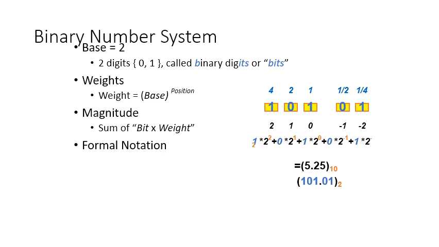So you write 1 multiplied by 2 raised to power 0, plus 0 into 2 raised to power 1, plus 1 into 2 raised to power 2, which is equal to 4 in this case. On the fractional side you write 0 into 2 raised to power minus 1, plus 1 into 2 raised to power minus 2, which is equal to 1 by 4. 2 raised to power minus 1 is 1 by 2. When you add up all these quantities, the value will be equal to 5.25 in base 10.